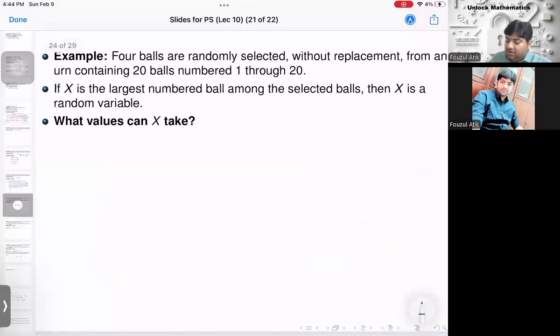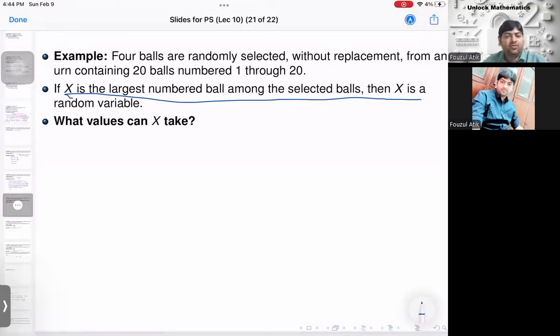Okay. Now, again come back to this experiment: 4 balls are randomly selected without replacement from an urn containing 20 balls numbered 1 through 20. So we have 20 balls in the urn, and each of them has some number from 1 to 20. We were interested in the largest number among the balls. So suppose X is the largest numbered ball among the selected balls. Then X is a random variable and it is of discrete type.